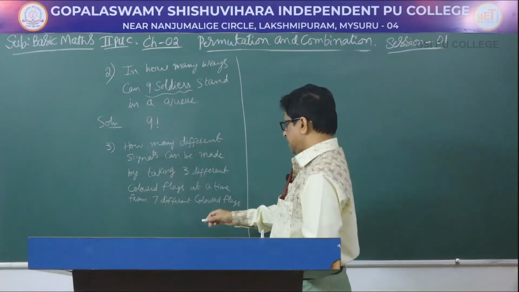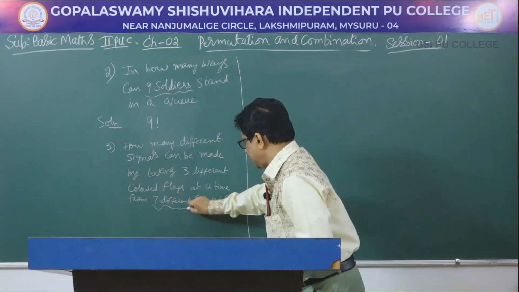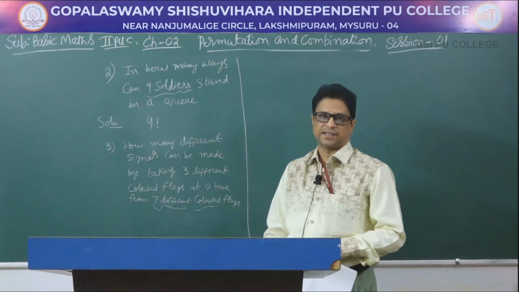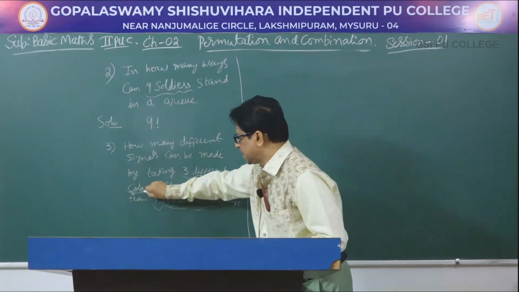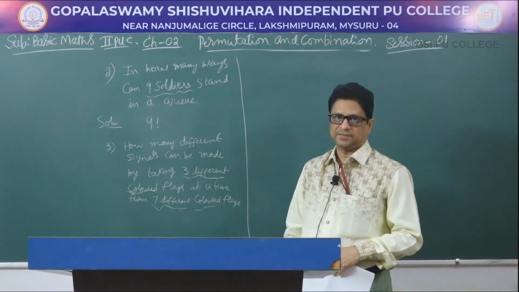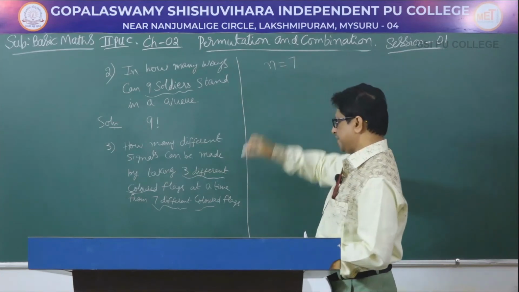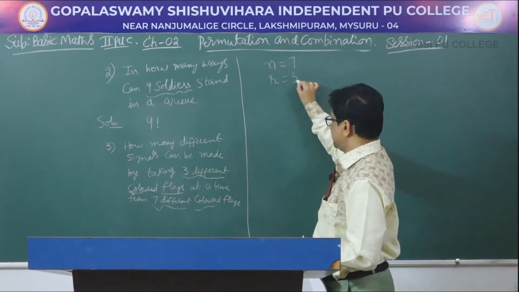That means here there are 7 different colored flags. We have to arrange 3 different colored flags. n is equal to 7, r will be equal to 3.